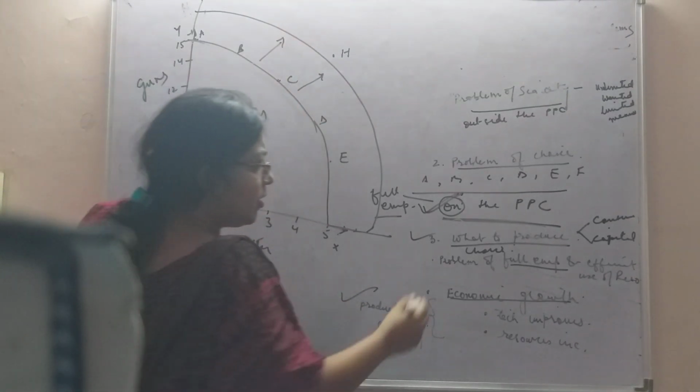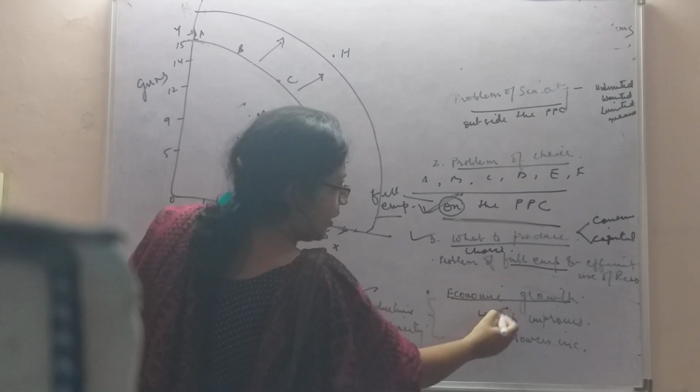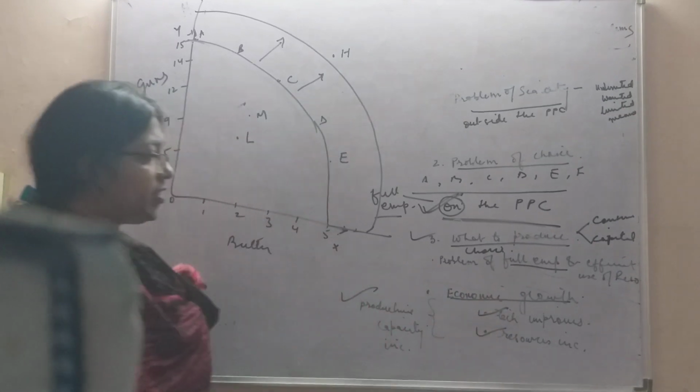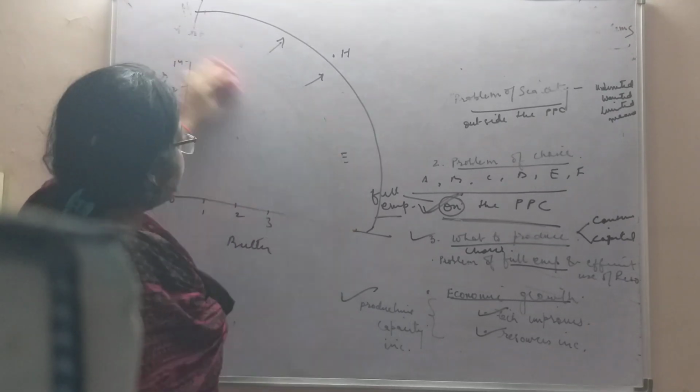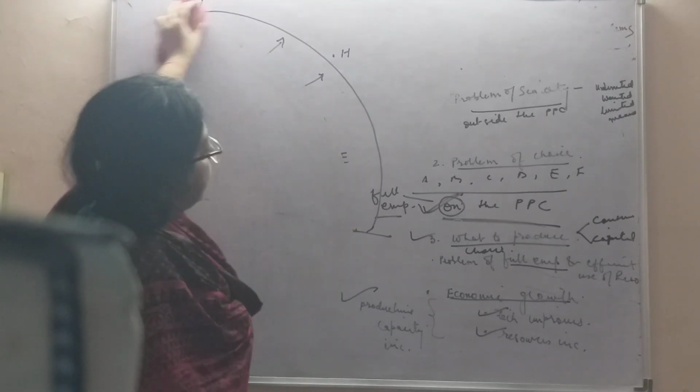And you will write why the economy grows: maybe technology improves or resources increase, then the economy will grow. So I can ask you a question: if the technology improves, show it with the help of a diagram. I will draw one PPC like this, and then show another dotted PPC outward. This is indicating economic growth.